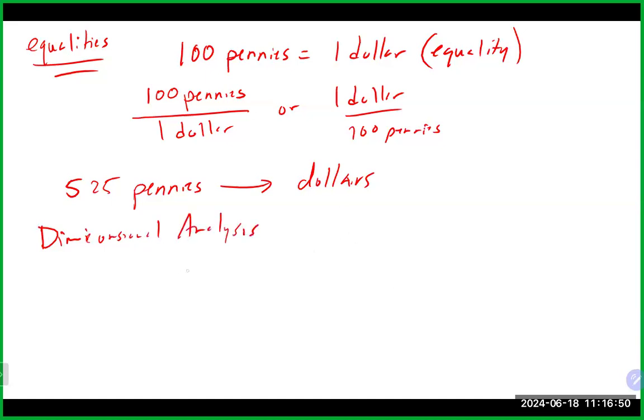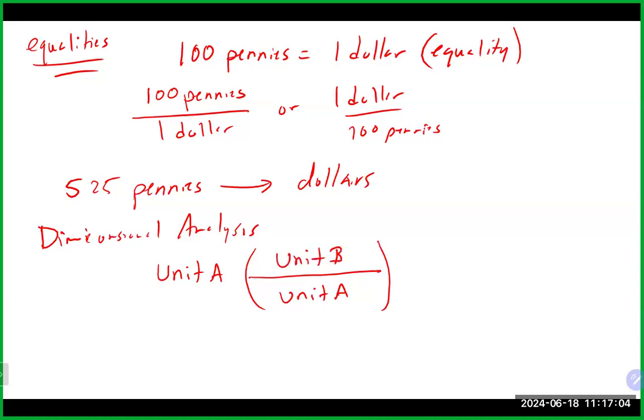That's basically a way where we start with a particular unit and we use these conversion factors to get rid of the unit we don't want and end up with the unit that we are looking for. So what we're doing in terms of math is we are multiplying what's on top and dividing by whatever is on the bottom.